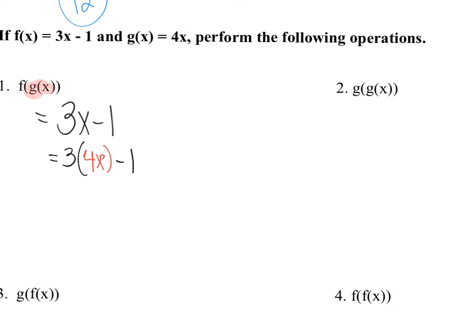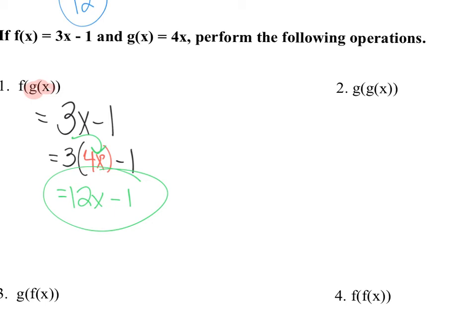So my g of x is 4x, so every time I see an x, I'm plugging in 4x. Now, what's my next step? Good. What's 3 times 4x? And I just leave this one alone, okay? That's my answer for that one.